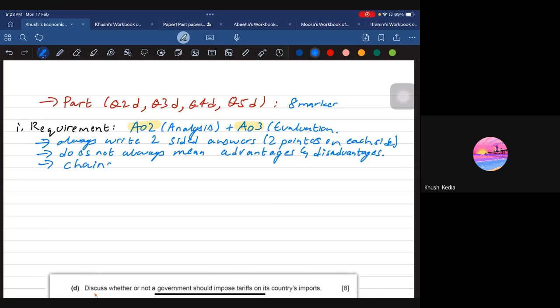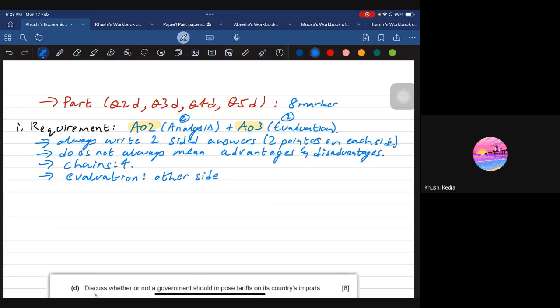How many chains are there going to be now? Because two on one side and two on the other, there are going to be at least four chains. And evaluation. The 6 marker had 3 to 4 links per point.